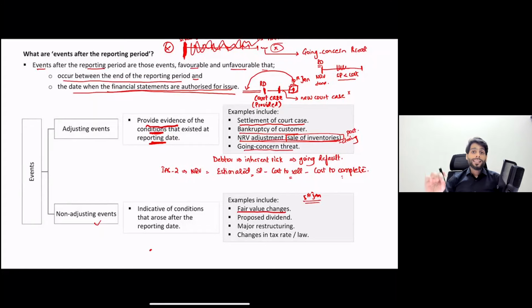So technically this comes within the scope of IAS 10, right? Any transaction that happens from the end of the reporting period till the financial statements have been authorized for issue is within the scope of IAS 10. So this transaction, where the value of your investment goes down, is within the scope of IAS 10. However, it will be a non-adjusting event.